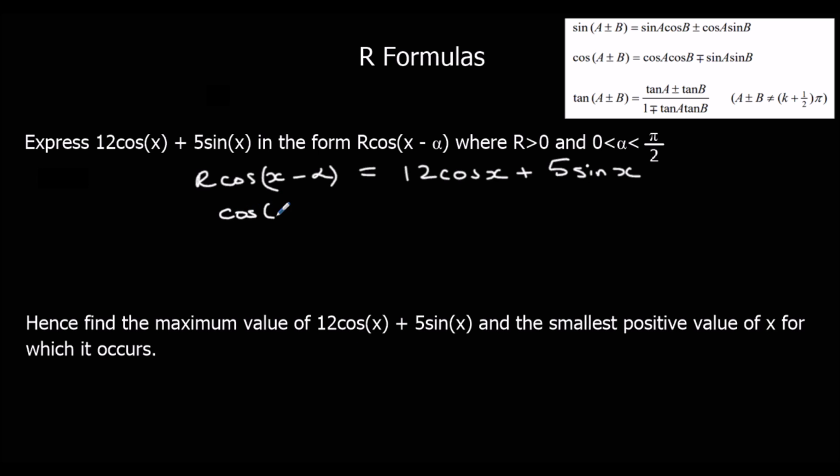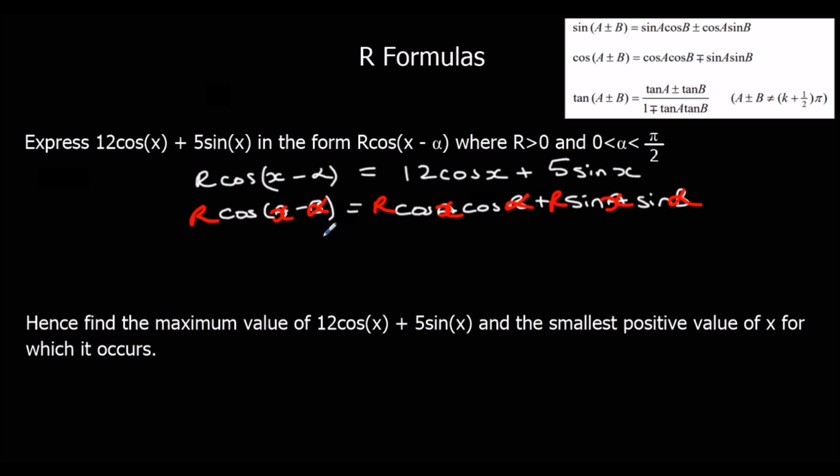So cos A minus B, which is cos A cos B plus sin A sin B. We're going to change the A's to x's, the B's to alphas, and multiply through by r.